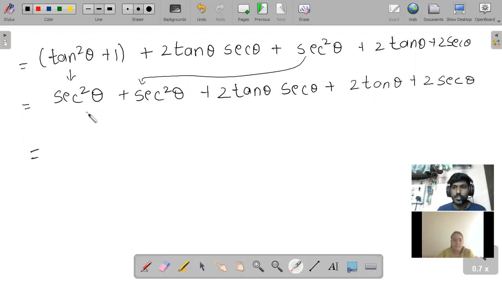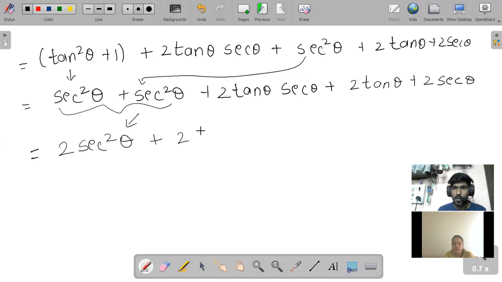Okay. So in this next step, we will add sec square theta and sec square theta. So sec square theta plus sec square theta will give you 2 sec square theta. Then 2 sec theta also we can add to that?